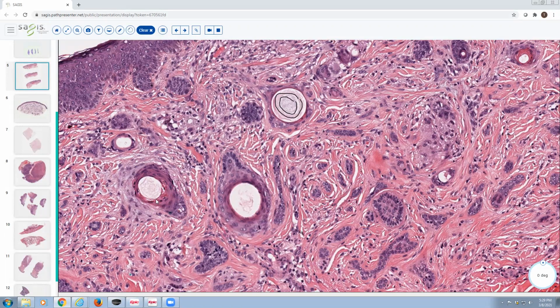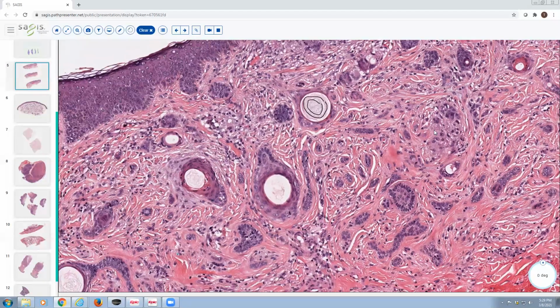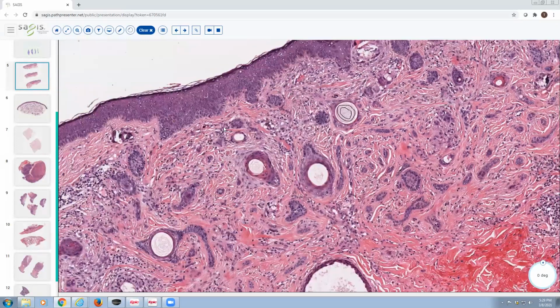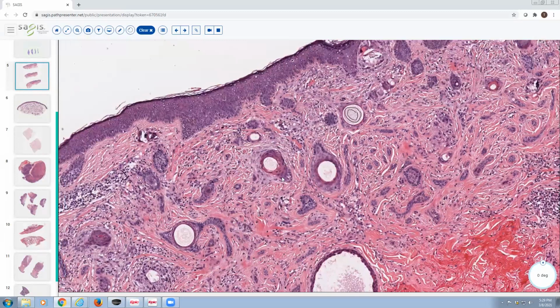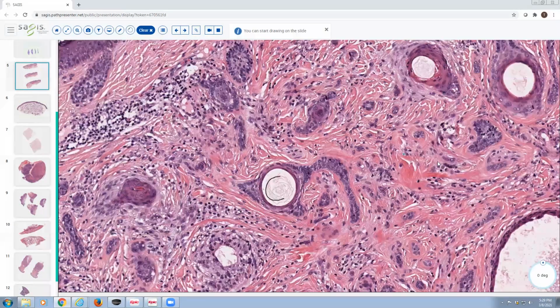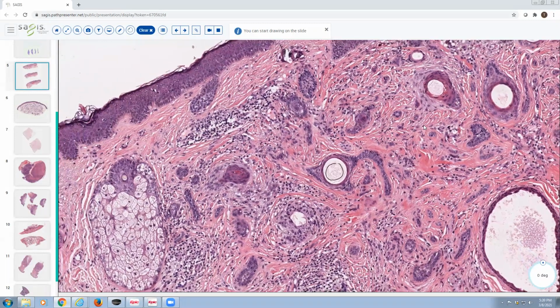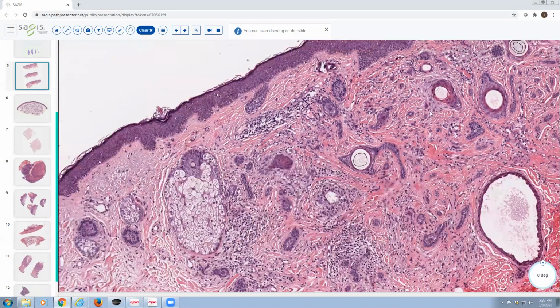So the presence of these little follicular cysts helps you get it into the category of a follicular or pilar neoplasm. So that's how you know that this is in your tricho differential. This is Desmoplastic trichoepithelioma.